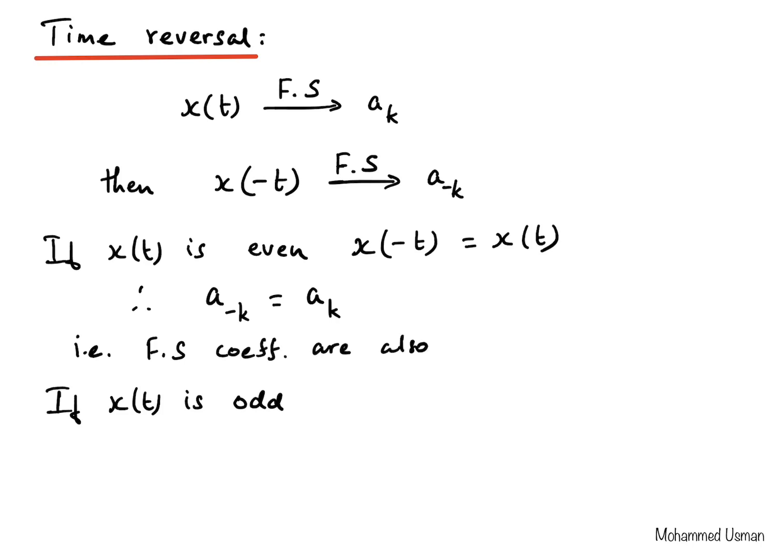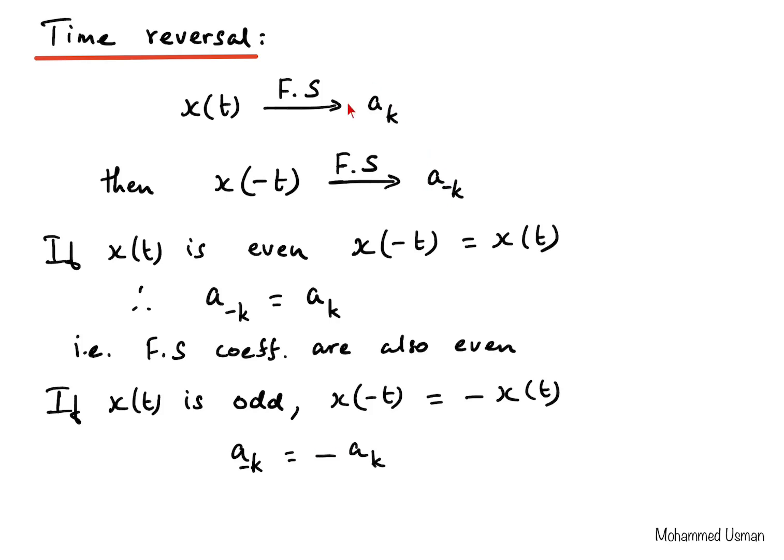Now, if the signal x of t is odd, that means x of minus t is equal to minus of x of t. In this case, the Fourier series coefficients a minus k will be equal to minus of a_k, because x of minus t is minus of x of t.